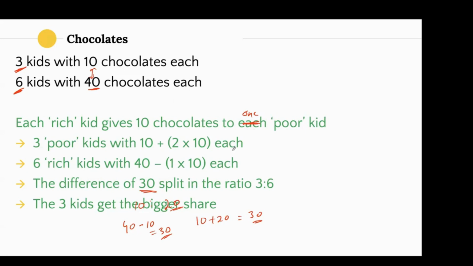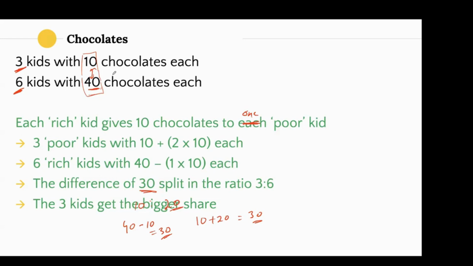All right. So the last point actually here. Who will get the bigger share when we split up 30 into 10:20? One way to think about it, the rich kids will not have to let go of that many chocolates because there are more of them. They will share the load.